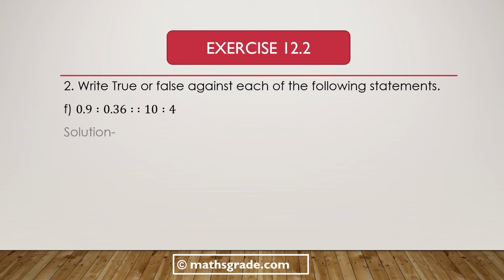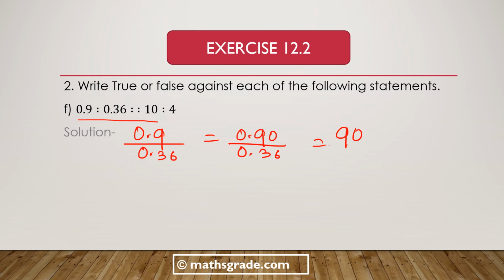Now question F. 0.9 is to 0.36 is proportion to 10 is to 4. True or false? 0.9 is to 0.36, that is 0.90 divided by 0.36, that is 90 divided by 36. Between 90 and 36, 9 is the common factor.